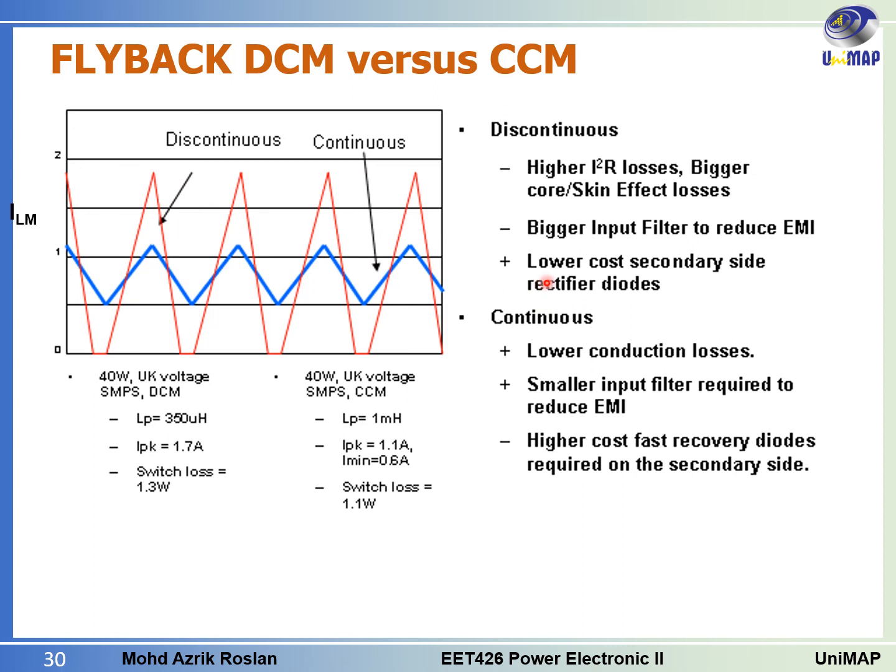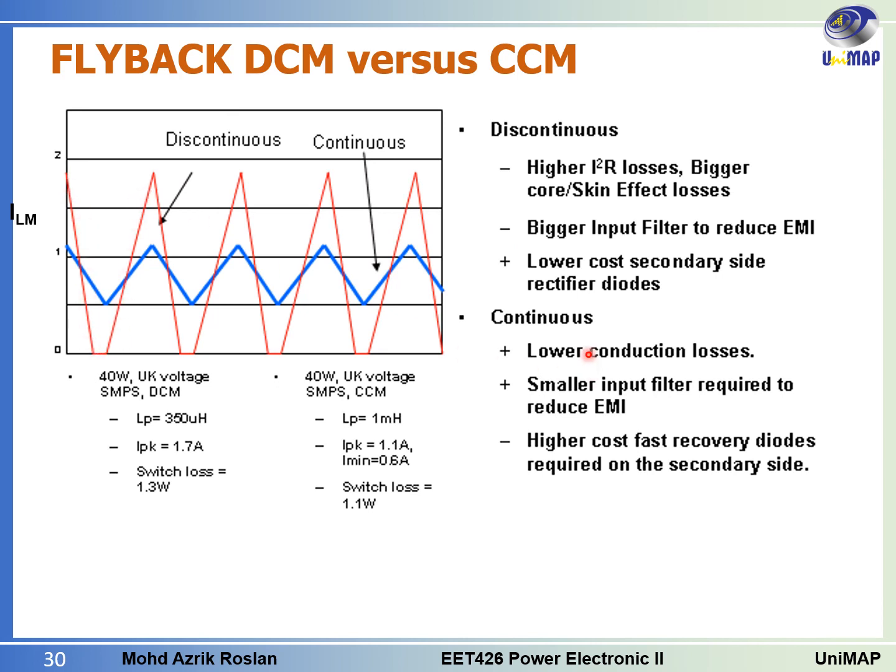But the advantage is we can have a lower cost for the secondary side rectifier diode, because the stress on the diode is lesser, so we can choose a lower cost diode, because the current will reach 0 and then it will turn back on.